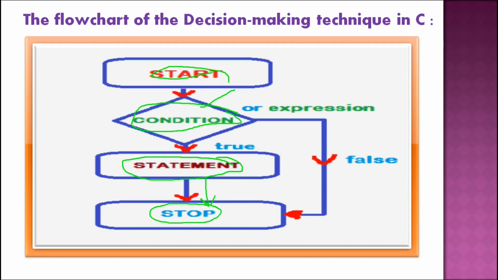If the condition fails, then the code which we gave in the block will not execute, and finally it will stop our program. In this way the flowchart of the decision making technique is followed.